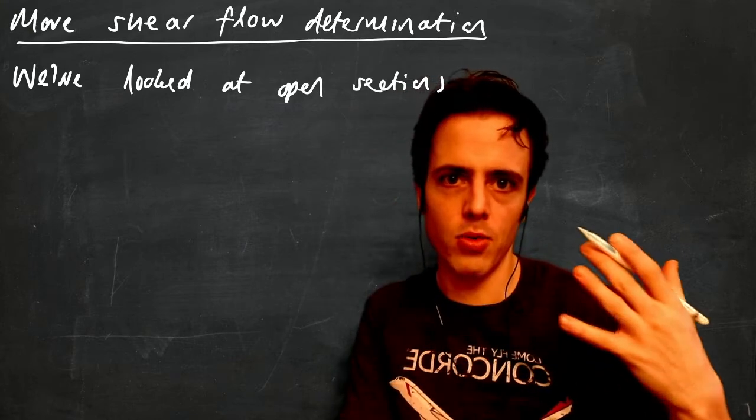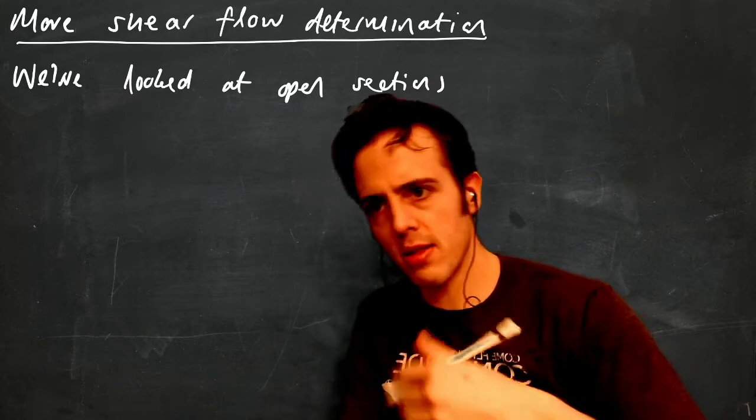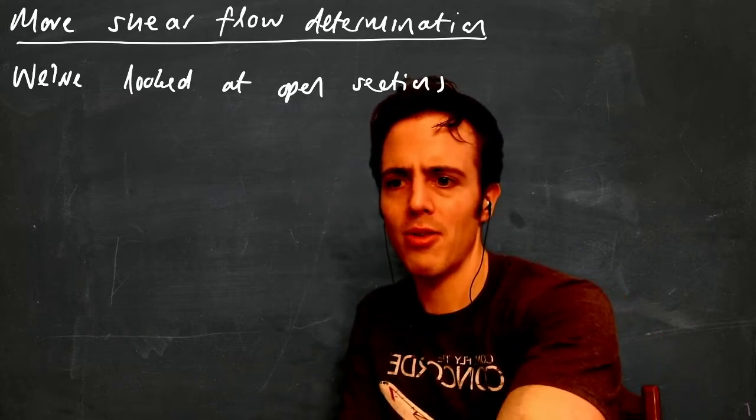So we had an equation that helps us determine the shear flow distribution within each of these bodies, and that equation, let me just make sure I'm getting the right one down.